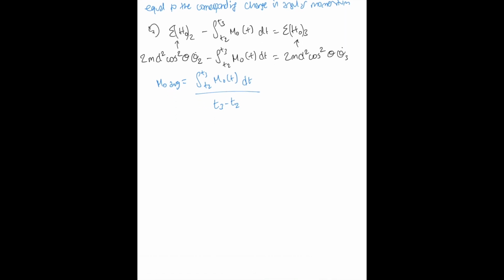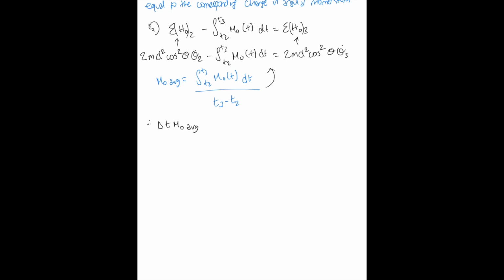So if we plug that into our equation over here, we get delta T M0 average is going to be equal to 2md squared cosine squared theta times theta dot 2 minus theta dot 3. I just rearranged this over here.